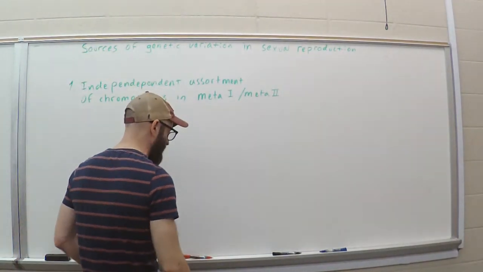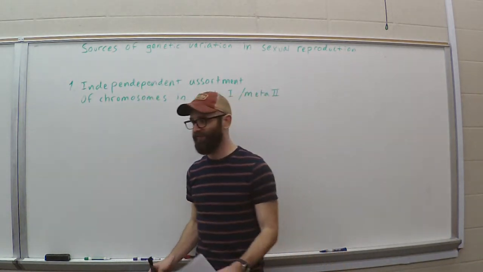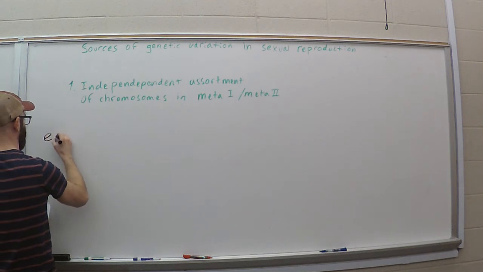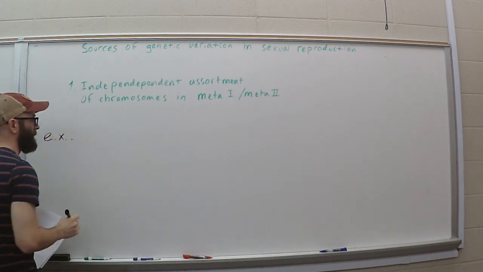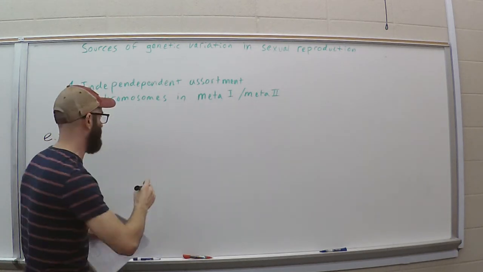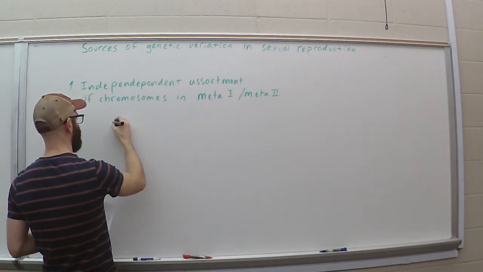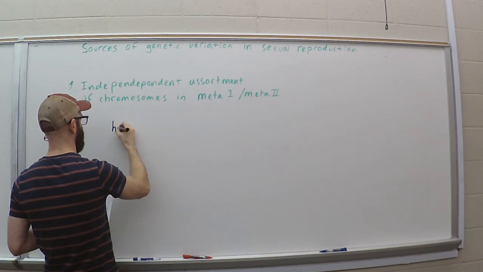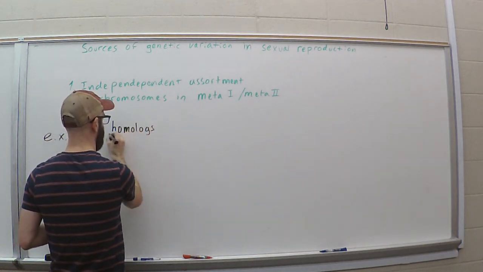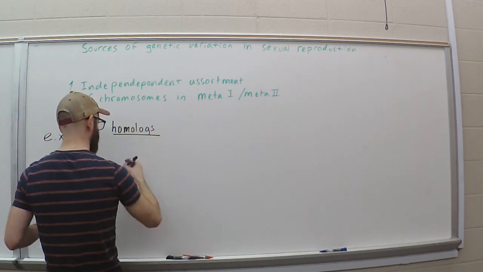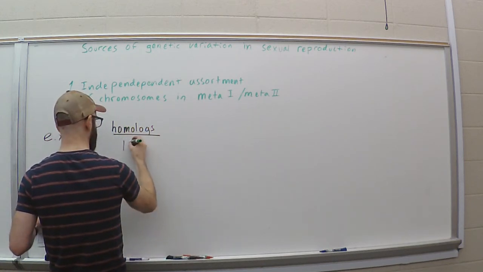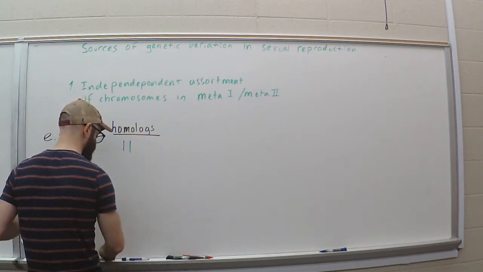All right, so let's look at how this actually introduces genetic variation. For example, let's look at a cell that has two pairs of homologous chromosomes. So it has two pairs of homologs. It's got a purple and green pair. These are homologs.